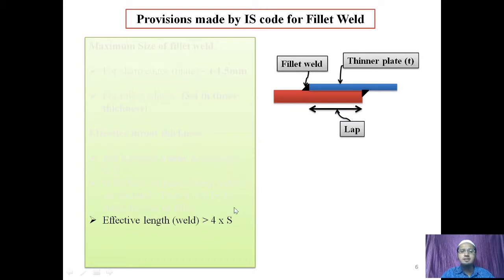In such cases, the calculated length of weld may be less than our minimum requirement, but we should provide the minimum effective weld length equal to 4 times the size of weld. We should not provide an effective length of weld less than 4 times the size of fillet weld. How to find the size of fillet weld we have already discussed.